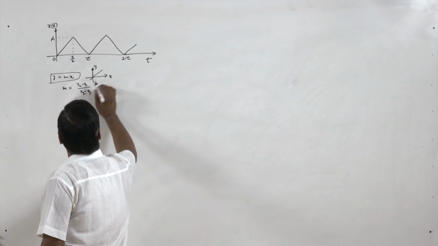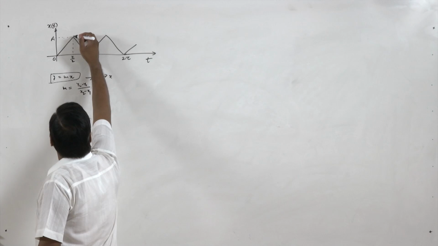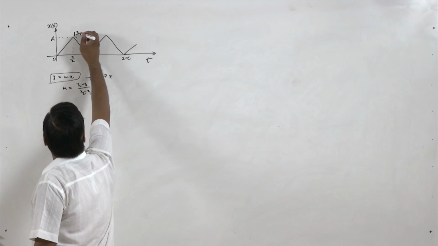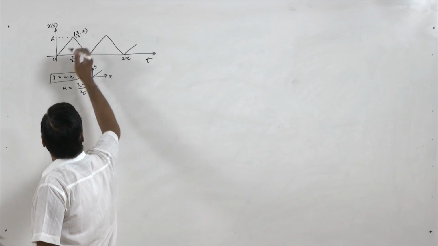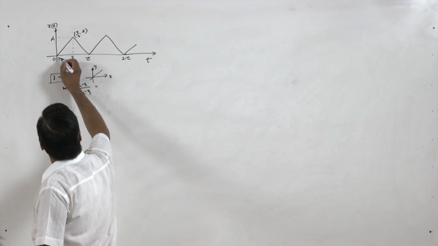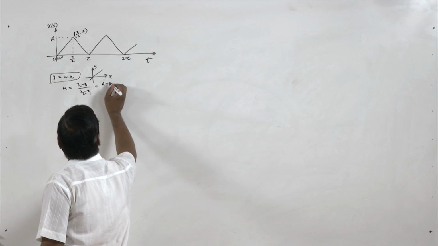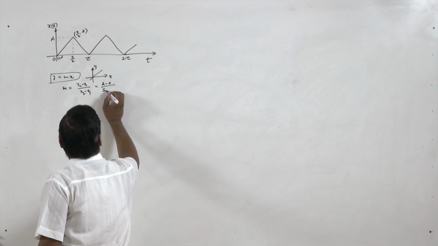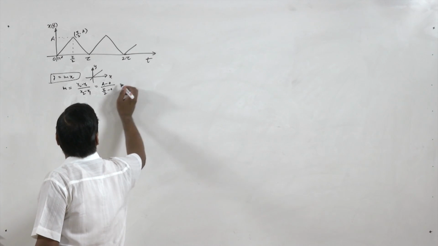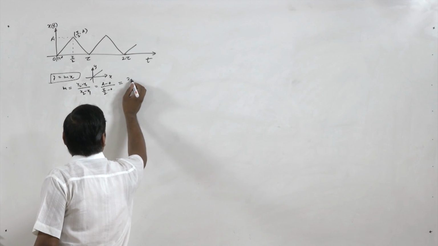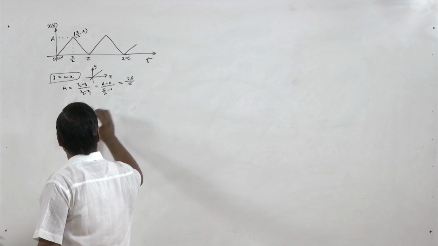So in this case y2, this point, is tau by 2, A, and this is 0, 0. So y2 is A minus y1 is 0, x2 is tau by 2 minus x1 is 0. So this is 2A by tau.